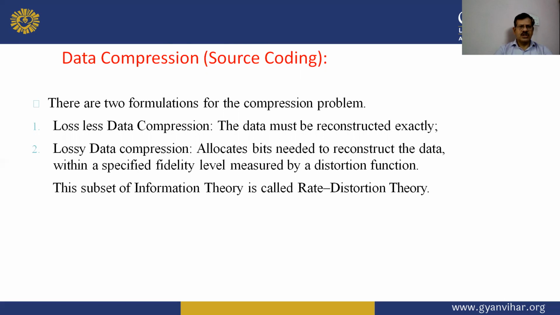Second one, lossy data compression, allocates the bits needed to reconstruct the data within a specified fidelity level measured by a distortion function. So this subset of information theory is called rate distortion theory, RDT.